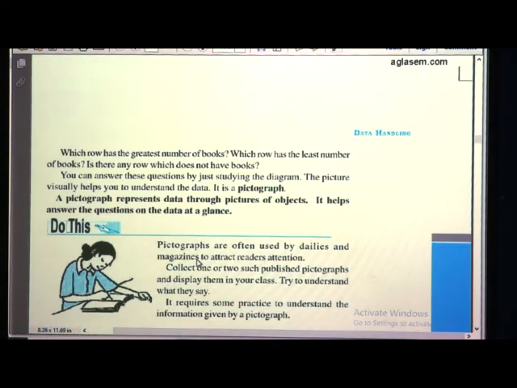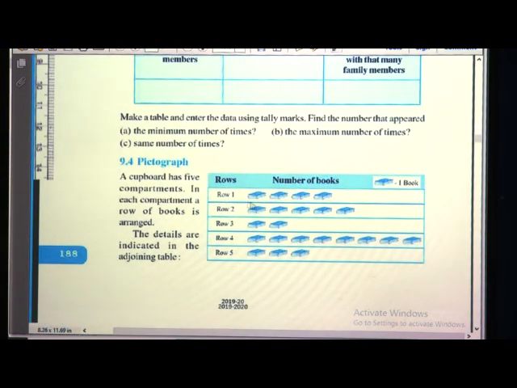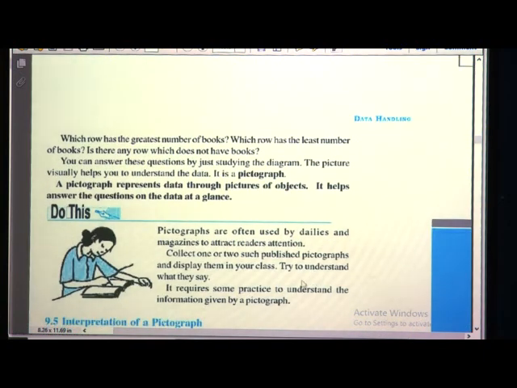After that we have seen pictograph. So in this pictograph, we can easily see the table or the pictograph which shows the data in a very proper way, so that by seeing the pictograph we can answer the questions very easily. So what was the pictograph? A pictograph represents data through pictures of objects.